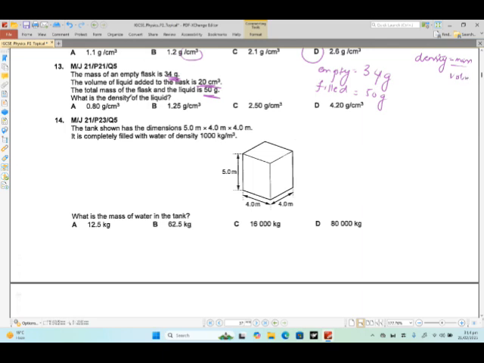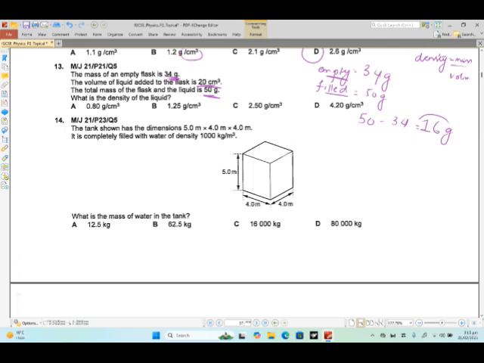The mass of the liquid we can find if we subtract the mass of the empty flask from the mass of the filled flask. 50 minus 34 will be the mass of the liquid. 50 minus 34 gives you 16 grams.